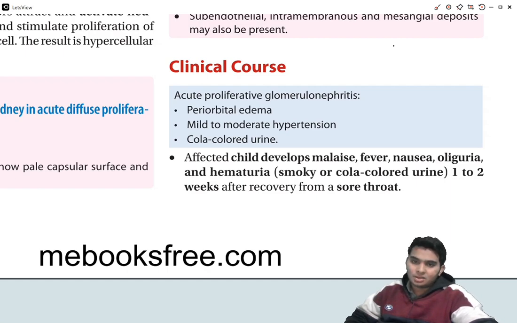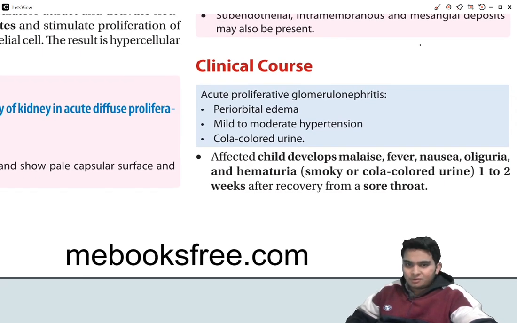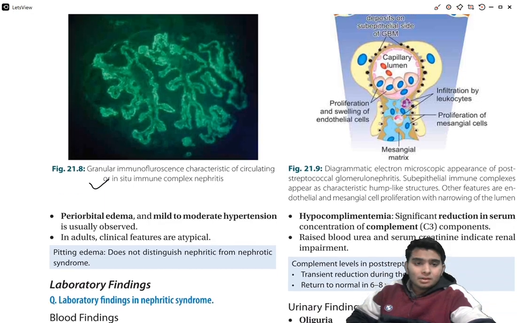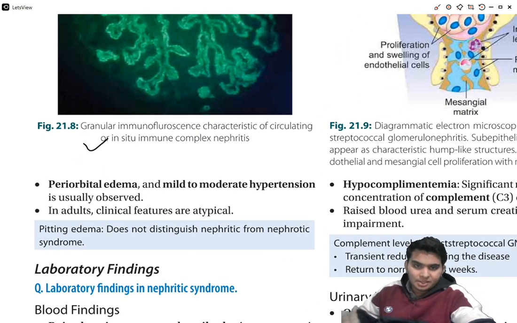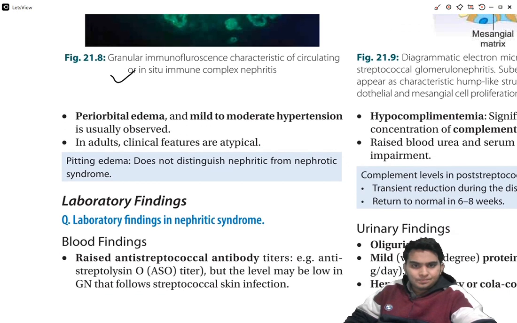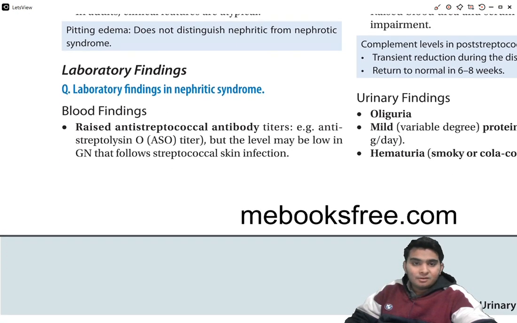Due to hematuria, cola-colored or smoky urine will be seen, 1 to 2 weeks after recovery from a sore throat. Periorbital edema and mild to moderate hypertension are usually observed. Clinical features are atypical.